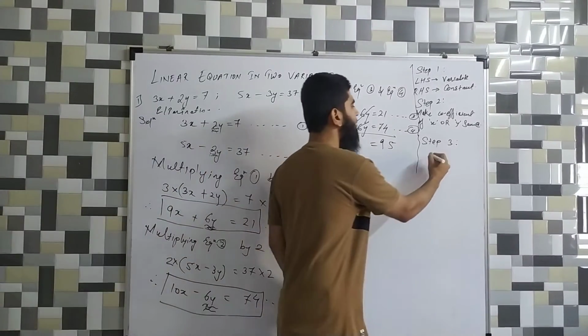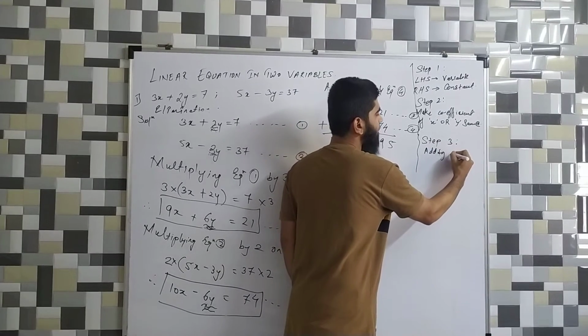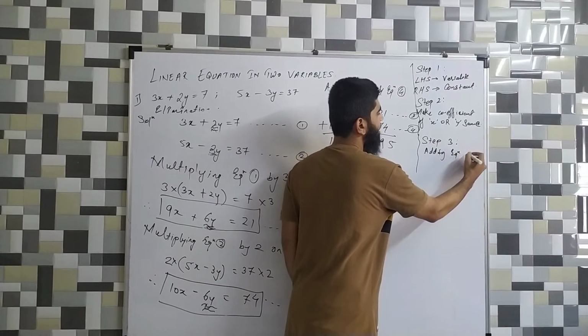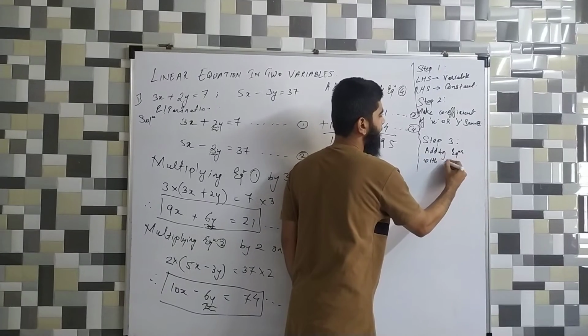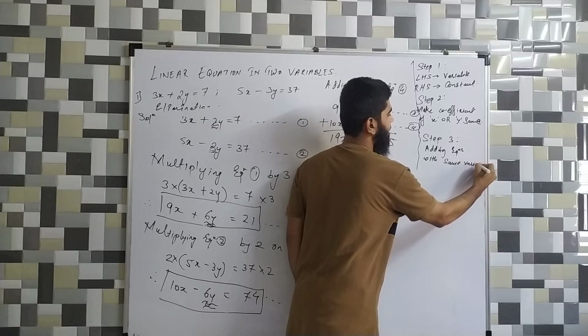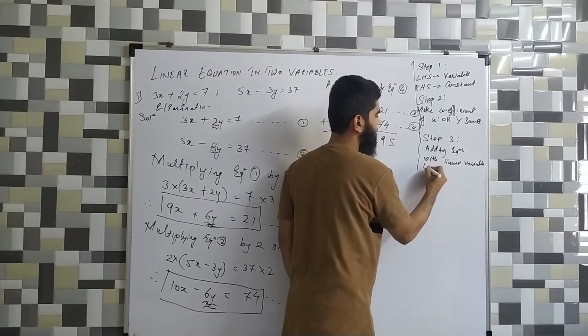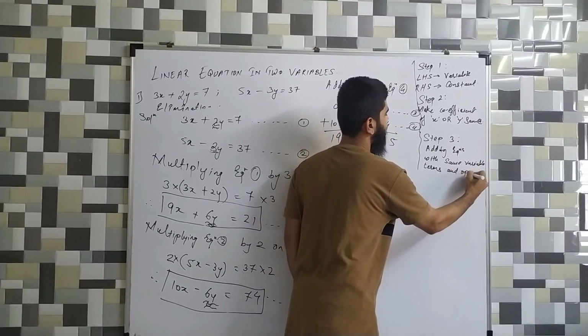So step 3 is adding equations with same variable terms and opposite signs.